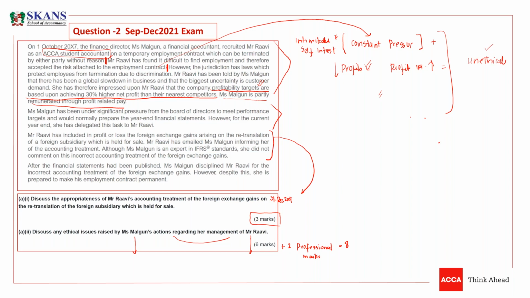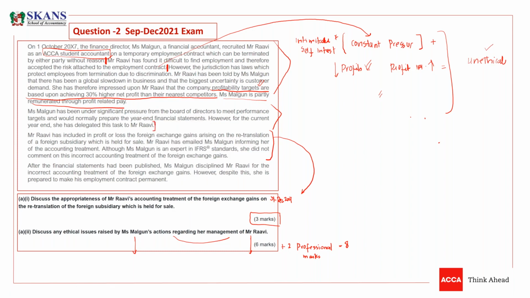Now, Ms. Malgan has been under significant pressure from the board of directors to meet performance targets. She would normally prepare the year-end financial statements. However, for the current year-end, she has delegated this task to Ravi, who is an ACCA student.